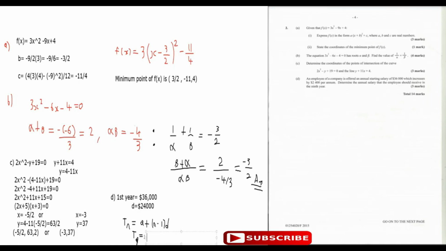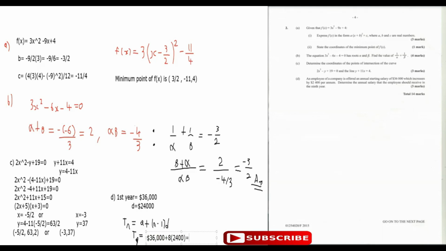And in the first year, of course, what was made was $36,000 plus n minus 1. N minus 1 is 8 times the common difference of $2,400.